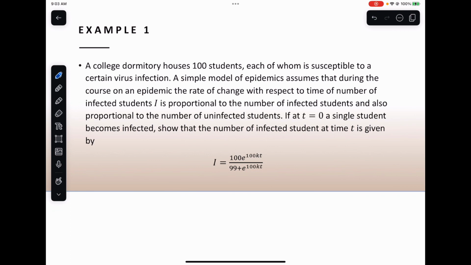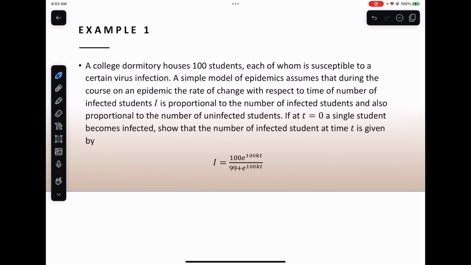If at time 0 a single student becomes infected, show that the number of infected students at time t is given by I equals 100 e raised to 100 kt divided by 99 plus e raised to 100 kt. This is a logistic growth.